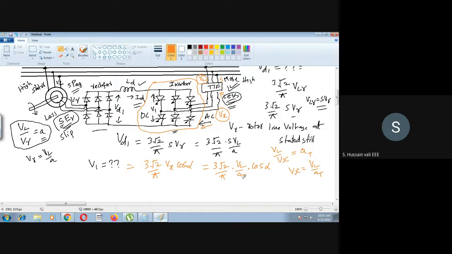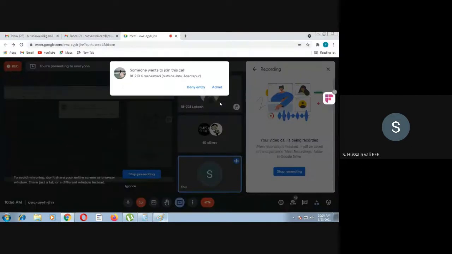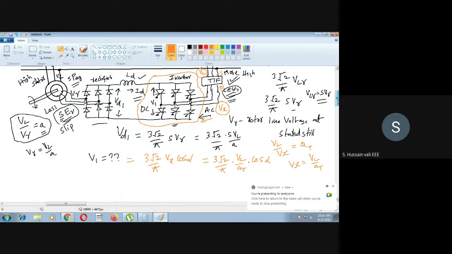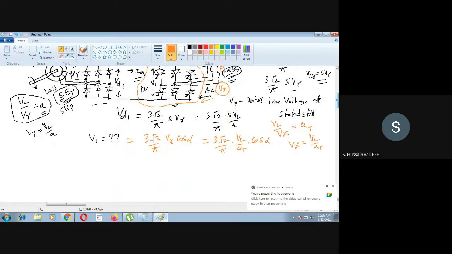We got the formula for V1, and also for VD1.